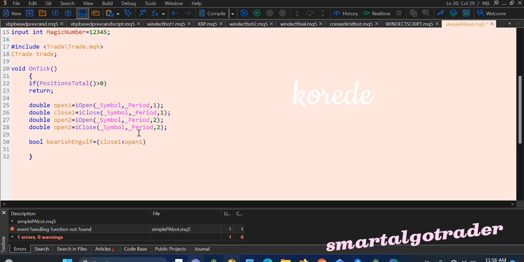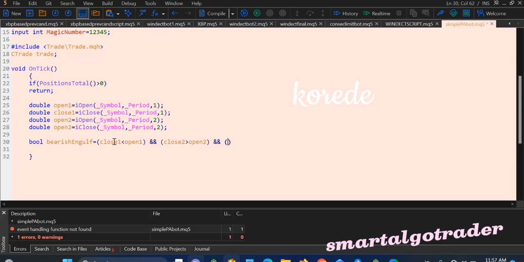Open 1 and the close 2 is greater than open 2. I just hope you are following me. Open 2 and what again?